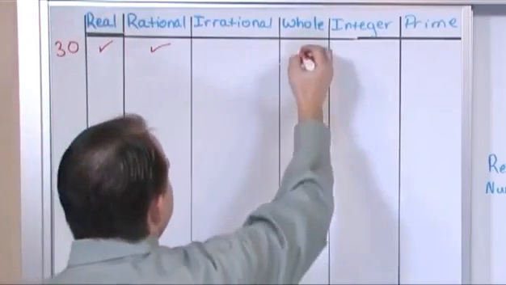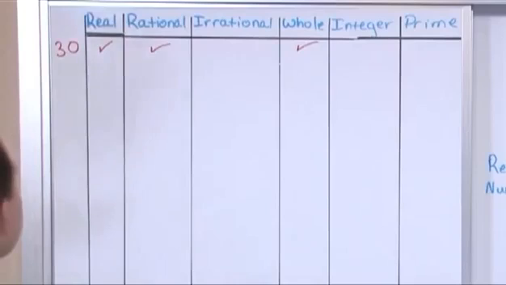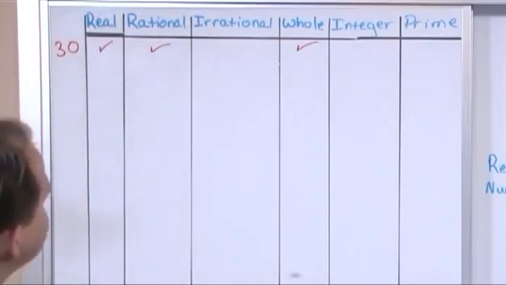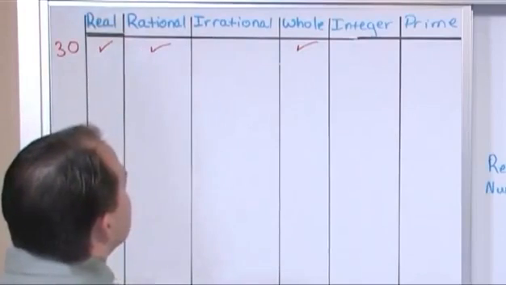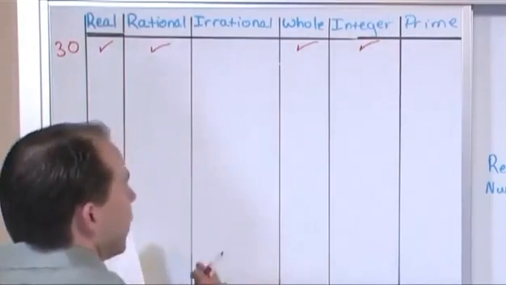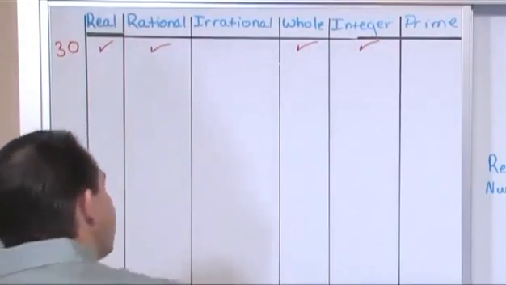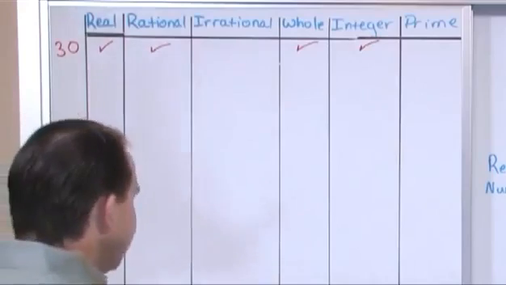Is it a whole number? Yes, it is, because whole numbers, remember, are the numbers 0, 1, 2, 3, 4, 5, 6, and they go on like that, including 0. Okay, is it an integer? Well, yes, it is, because remember, integers are all the negative numbers and all the positive numbers without any decimal, including 0. Is it a prime number?